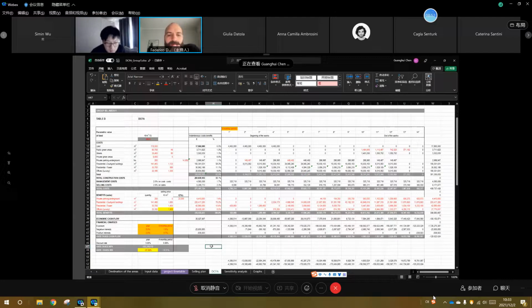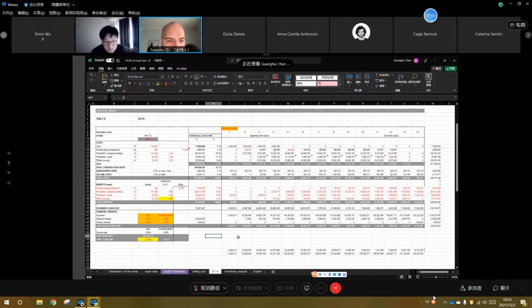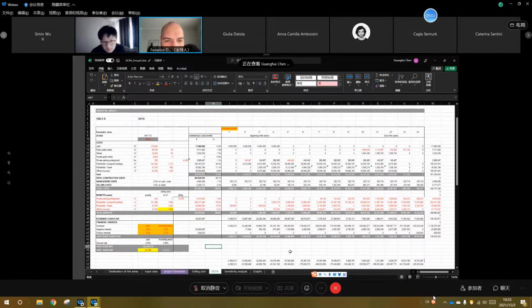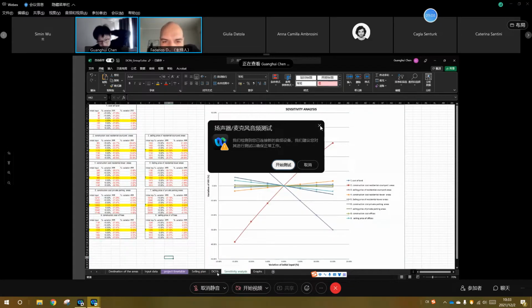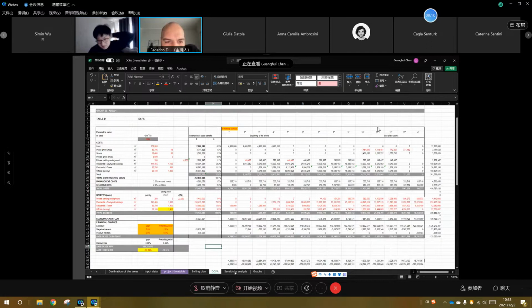And with this distribution, your net present value is negative, and this is not so good. And the IRR is very low.